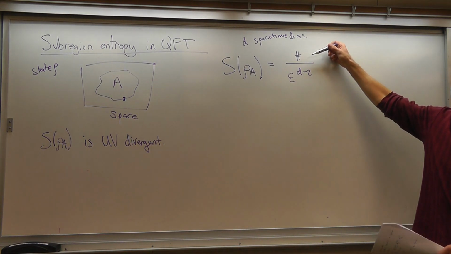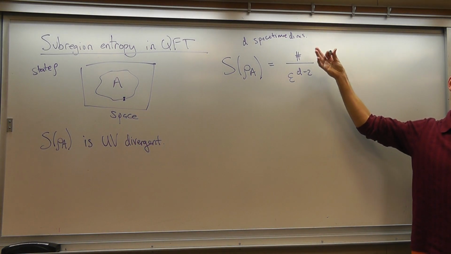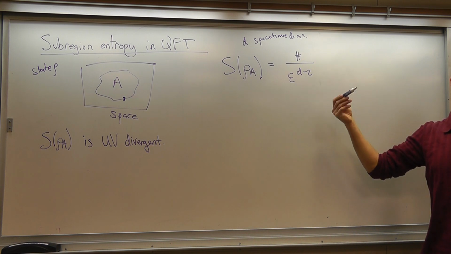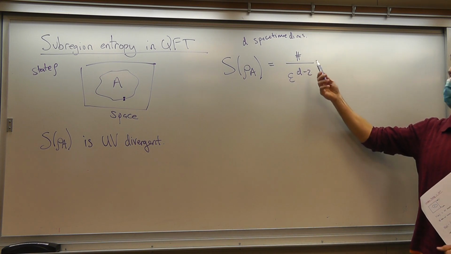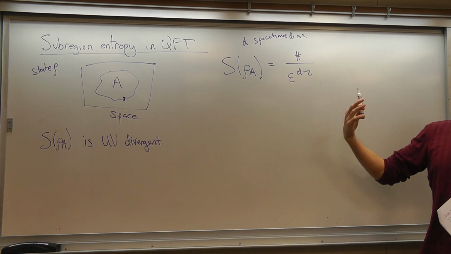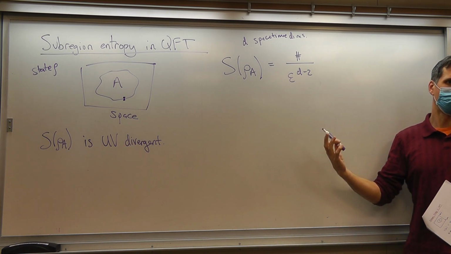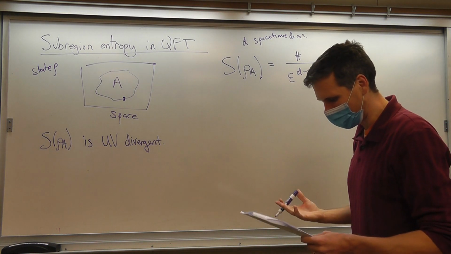In quantum mechanics, you could calculate this, and it was meaningful, and it was the leading term in the entanglement entropy. In quantum field theory, it is physically meaningful. Like, there really is an infinite amount of entanglement in quantum field theory. It really is there, but you can't calculate it. Its coefficient doesn't mean anything because it's scheme dependent. It depends on exactly how you do your cutoff procedure and everything. Okay, so it's really there, but you can't calculate it, or at least you can't calculate it in any meaningful way.